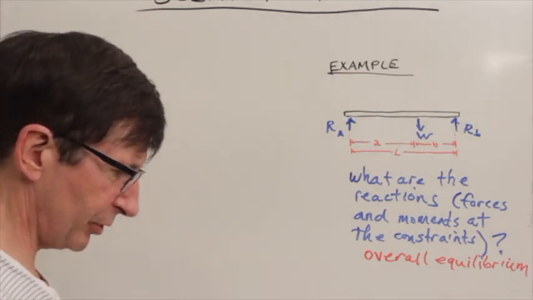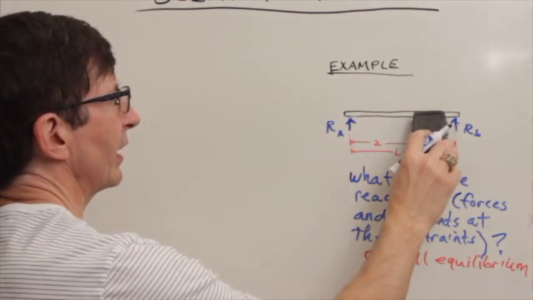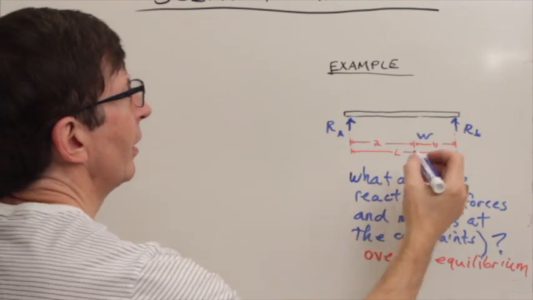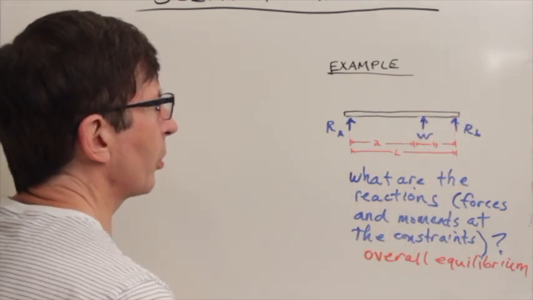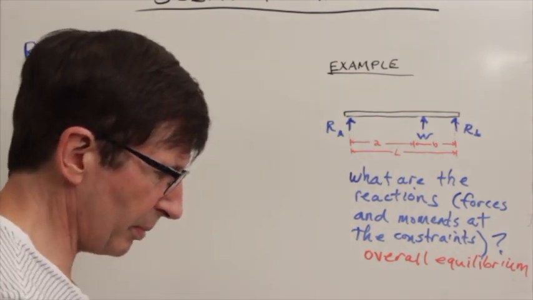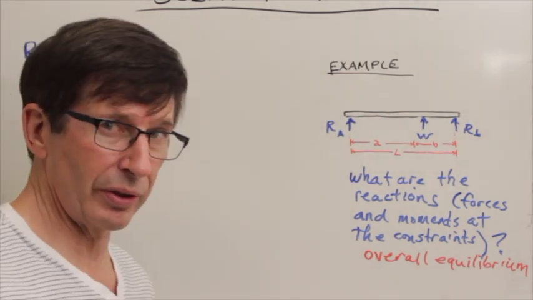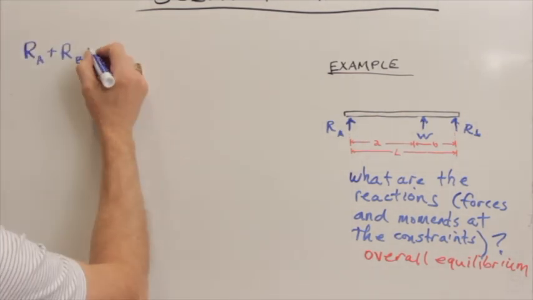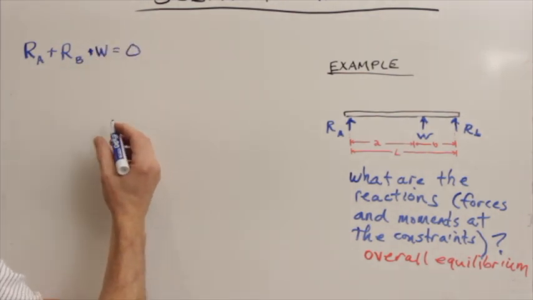Just to show you that it doesn't matter if you get these things wrong, we can write W as being upward, knowing that the value is going to be a negative magnitude of W. So this would be plus W, all equals 0.